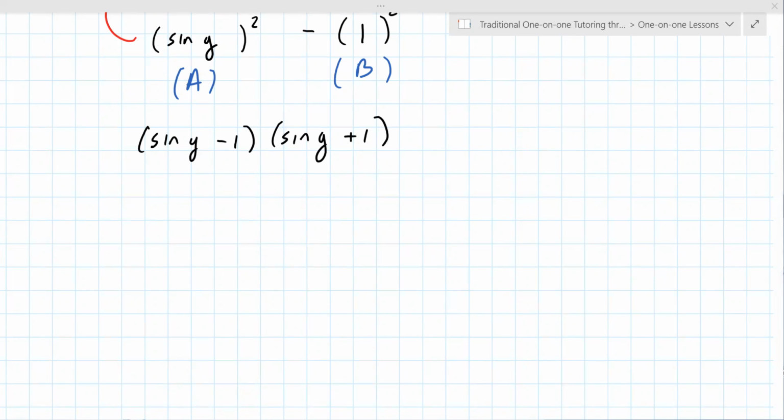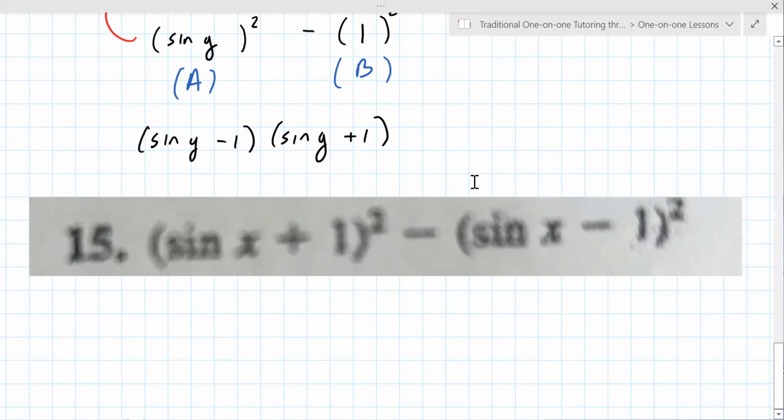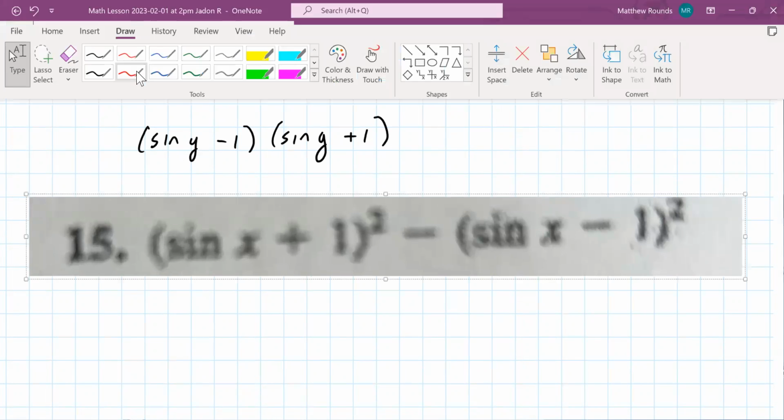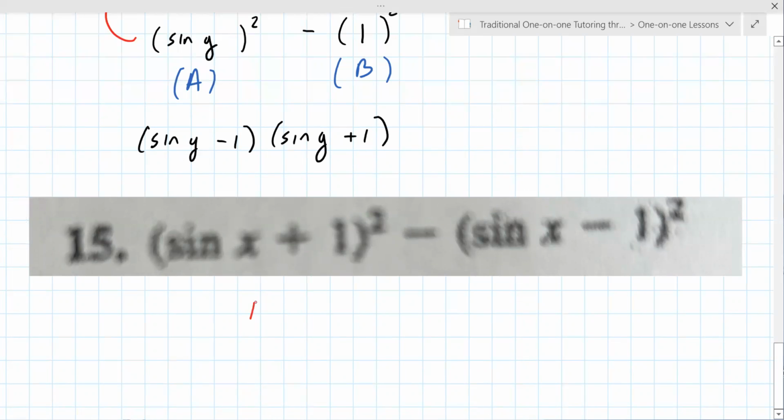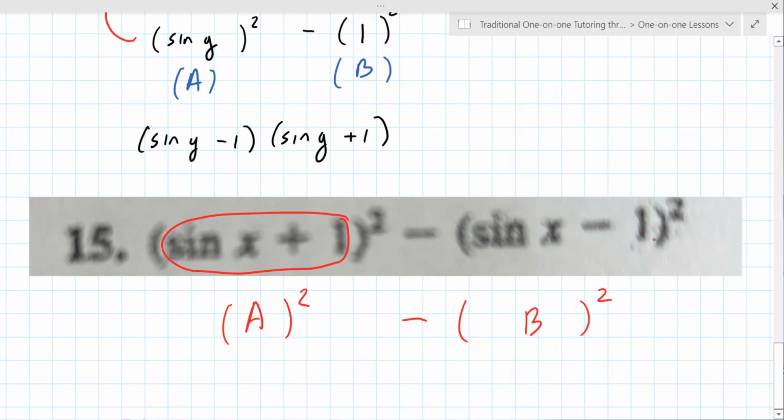So 15 is like that. We should look at it, maybe do it, maybe not, but sometimes they're sort of disguised. This one is a disguised difference of squares. Again, what I'm looking at is it's something squared minus something squared. And A this time is everything under one set of parentheses, and B is everything under the other.